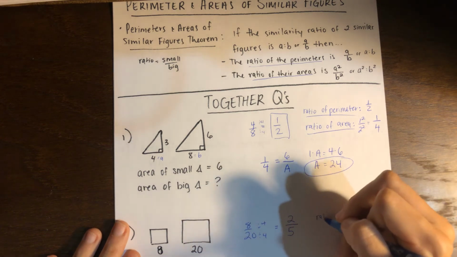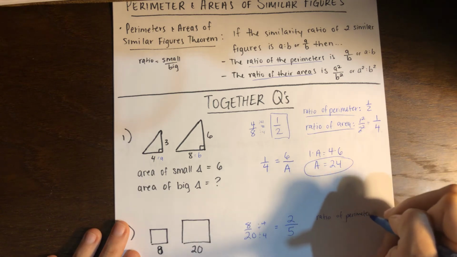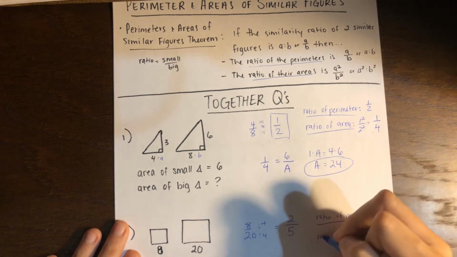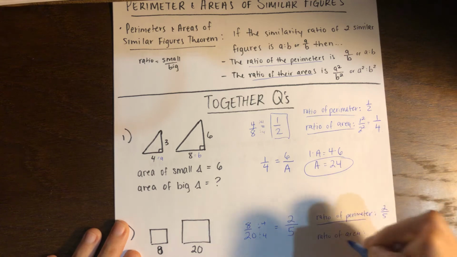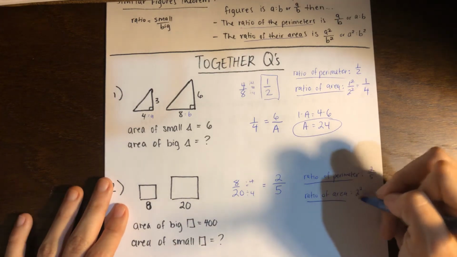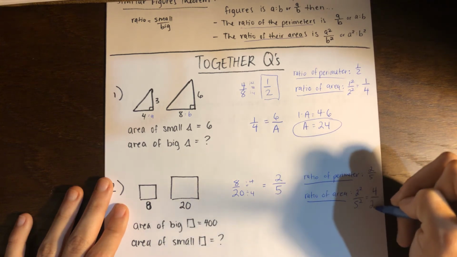So the ratio of perimeter is 2 over 5. And the ratio of area is going to be 2 squared over 5 squared, so we get 4 over 25.